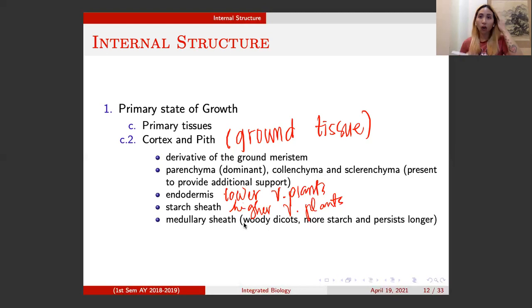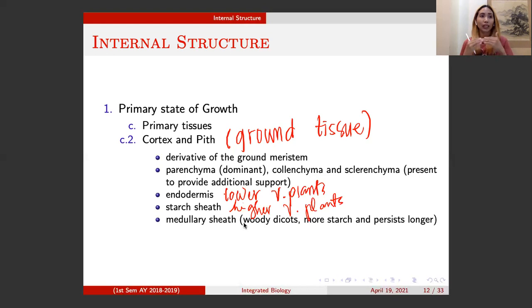Not all stems have a starch sheath. It contains cells that can store starch, and storage of starch is not normal for the stem of most plants. Those that contain a starch sheath are actually storage stems.